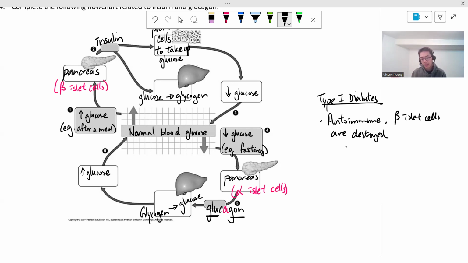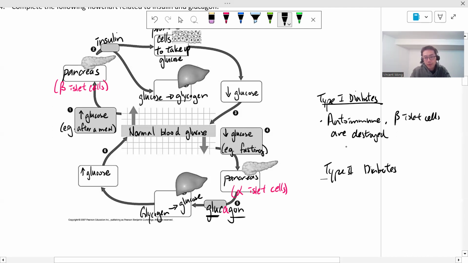Nowadays they can have a little probe that inserts underneath the skin, and it can give them a live reading of the blood glucose, and that can be used for auto injection. So it's pretty reliable, and there's no cure for it. But for type 2 diabetes, we call this insulin resistance.